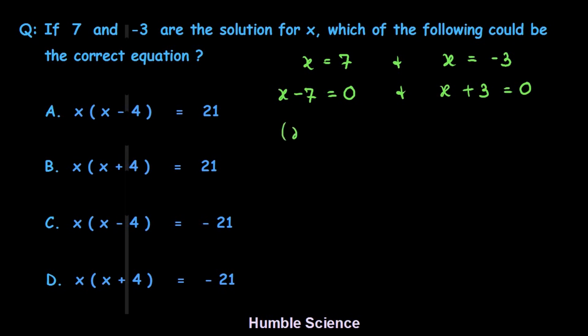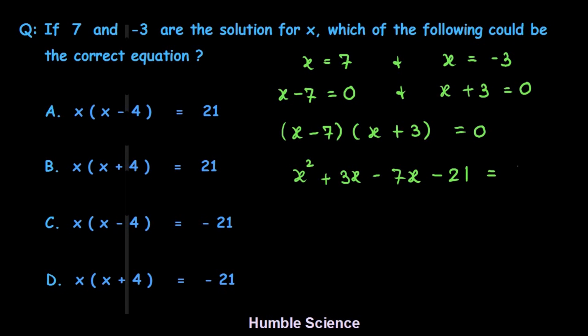That means x minus 7 times x plus 3 is equal to 0, which means x squared plus 3x minus 7x minus 21 equal to 0. So that means x squared minus 4x minus 21 is equal to 0.